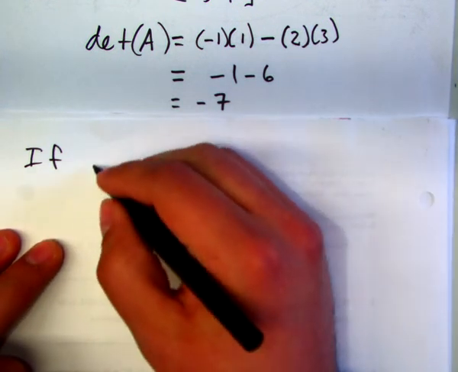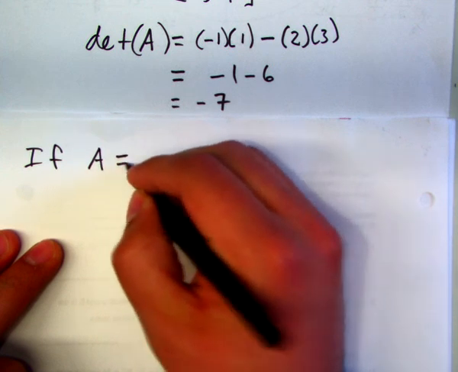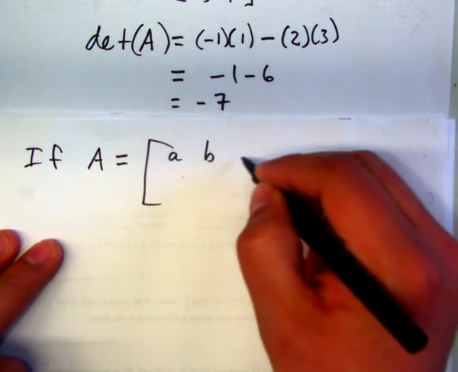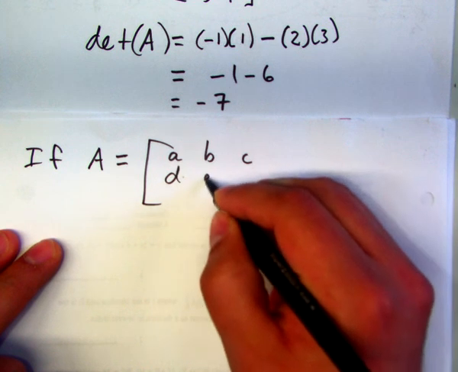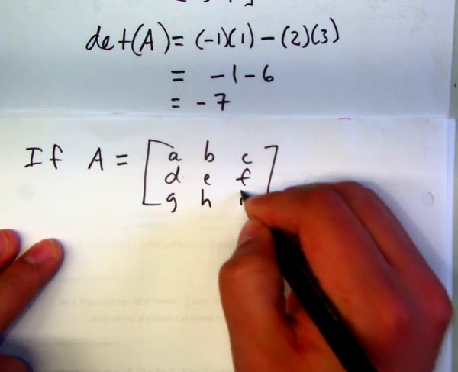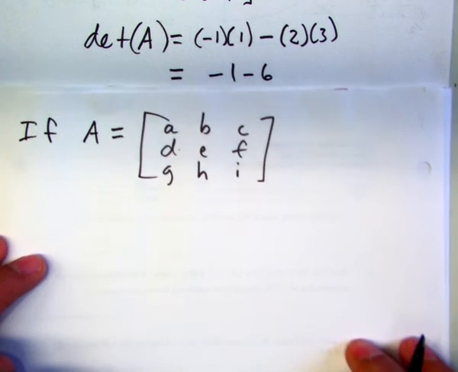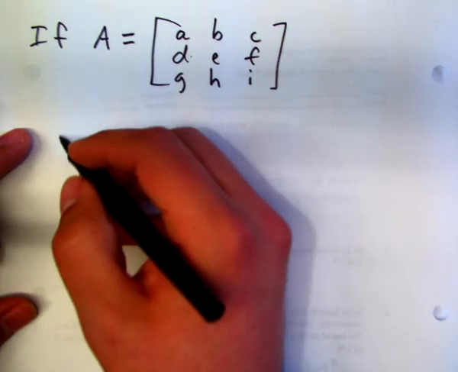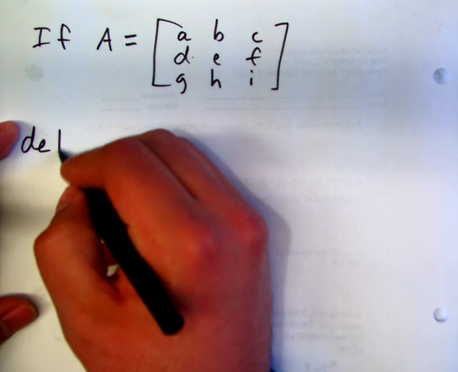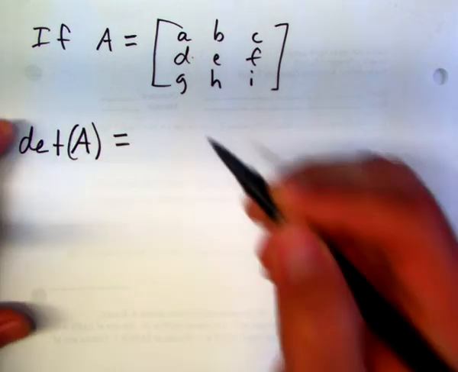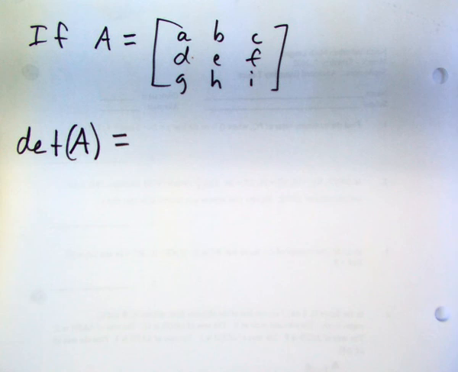So let's say A is equal to, and we'll just do a 3 by 3 in alphabetical order. A, B, C, D, E, F, G, H, I. So the determinant of this matrix works like this.